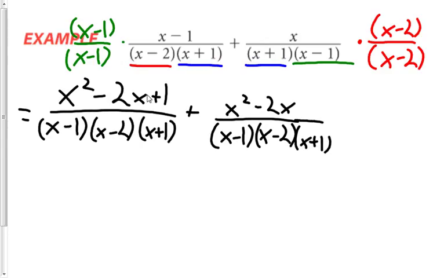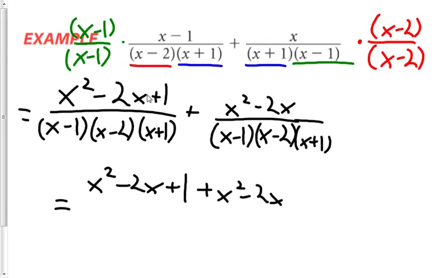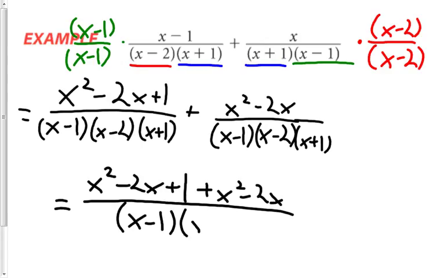Now that our two fractions here have the same denominator, we can add the numerators together. X squared minus 2x plus 1 plus x squared minus 2x, all of this over our common denominator of x minus 1 multiplied by x minus 2 multiplied by x plus 1.